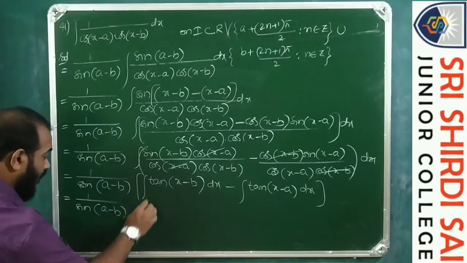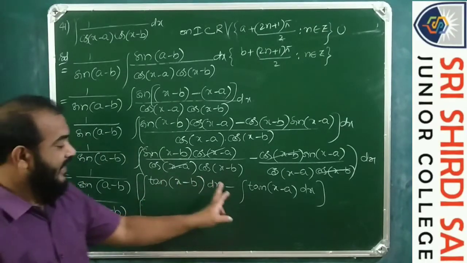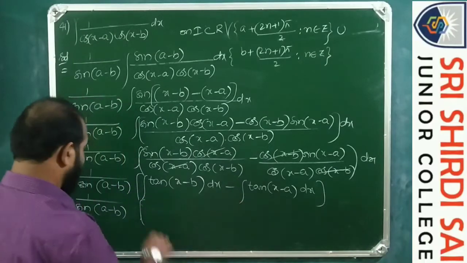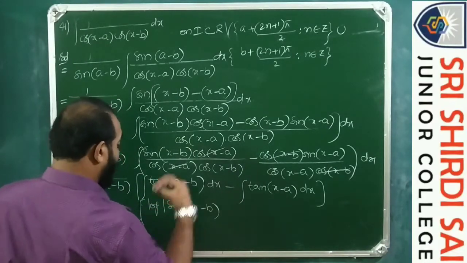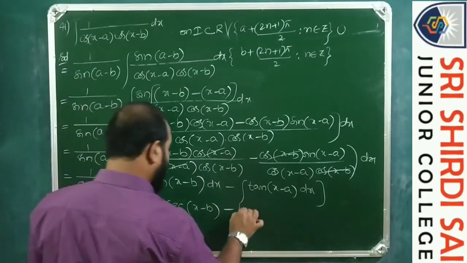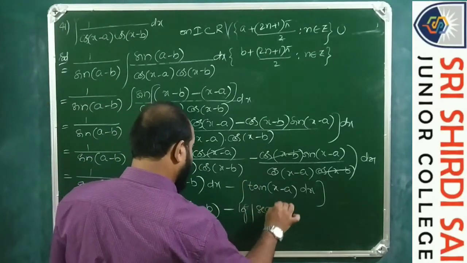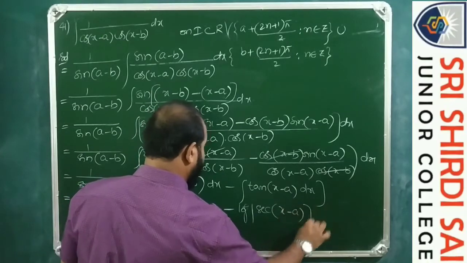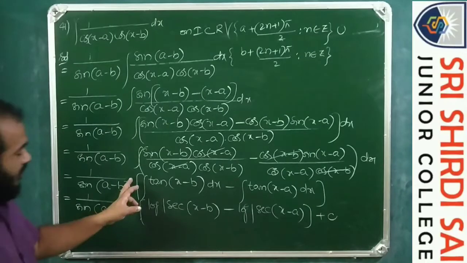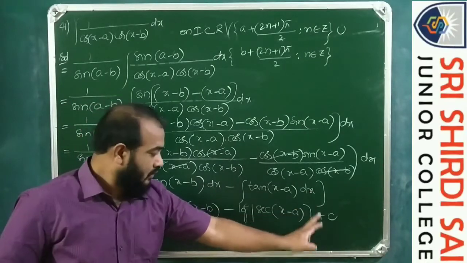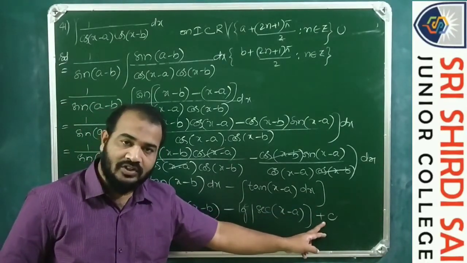So we know what is integral tan x dx? Log mod secant x. So log mod of secant x minus b minus this is log mod secant x minus a plus constant of integration c. Since the integration process is over, at the end we have to add the constant of integration.